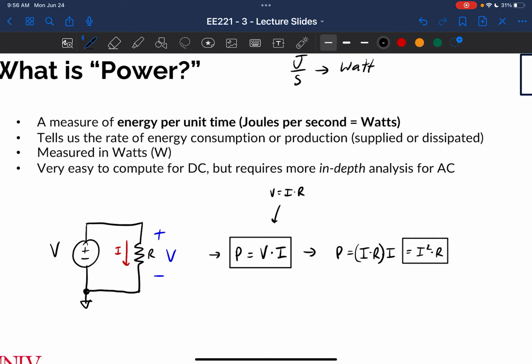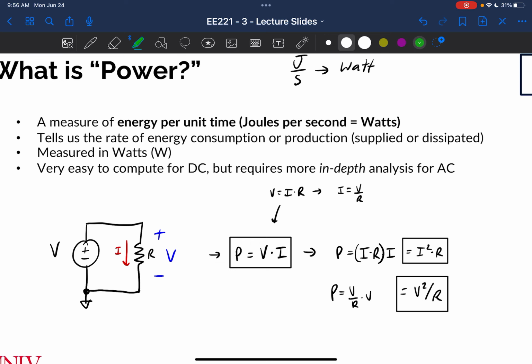And so that's another expression for the power. Okay? Lastly, if we want to rearrange this equation right here, we can say that I is equal to V over R. And so we could have substituted the I into this equation instead, and we get even another expression for power, which would be V over R times V, which equals V squared over R. Okay, and so those are the three equations that you'll typically see used, and all of them are derived from this initial equation here.